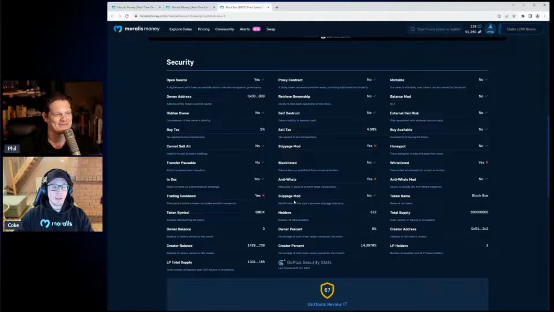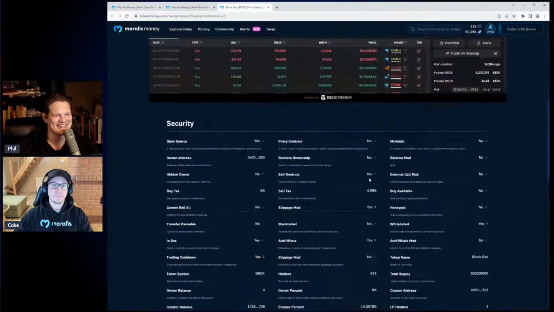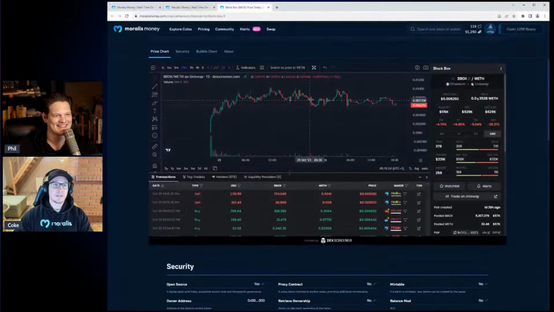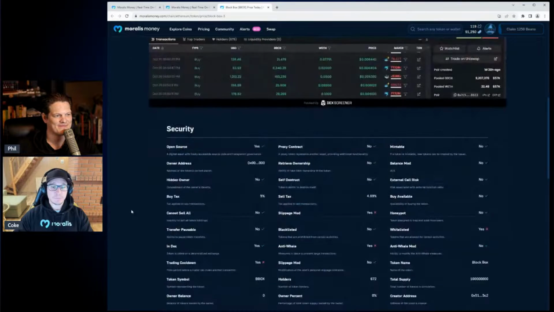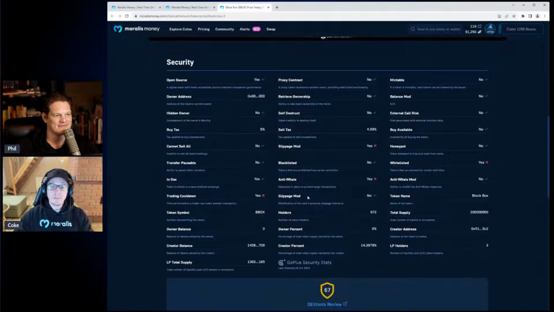Yeah, and I guess with this coin, this is the first place where we find out that we have some red flags past the price and naming and stuff like that. But sometimes, for example, having mintable enabled is actually part of the function of the token.